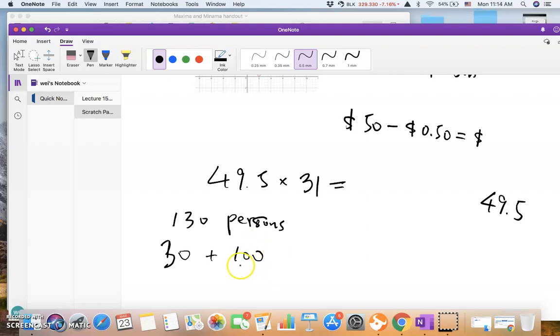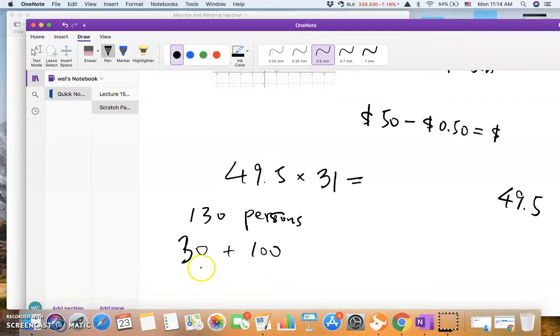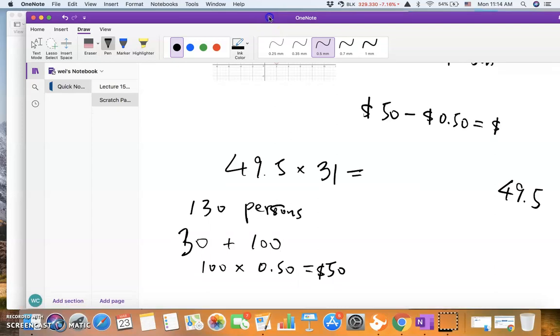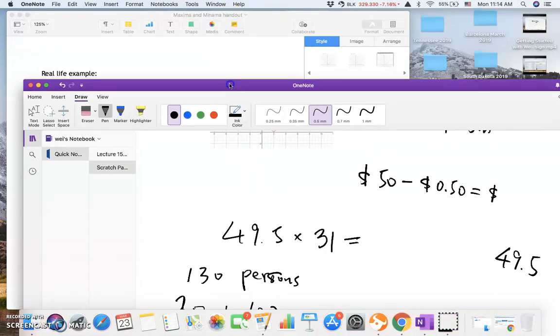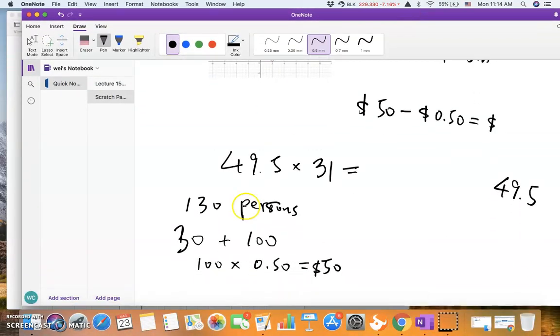Because right now we have 100 persons in excess of 30, the discount every person will receive is going to be 100 times 0.50, so that's $50. That means the company will reduce the price by $50 for each person. Now, because the original price is 50, 50 minus 50 is 0.